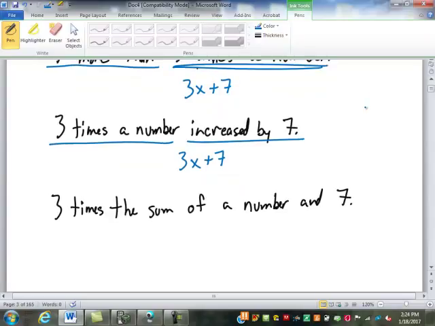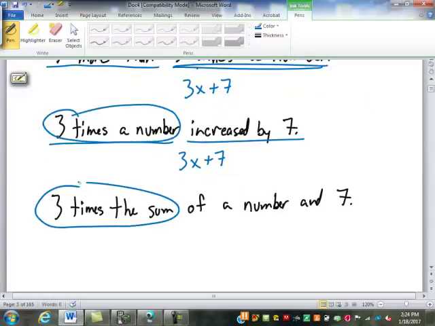It's not 3 times a number this time, it's 3 times the sum. The sum is the result of an addition problem or an addition action. So we're taking 3 times some result of an addition problem. What is it that we're adding? Perfect. A number.